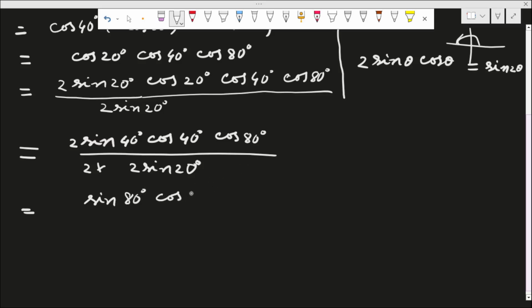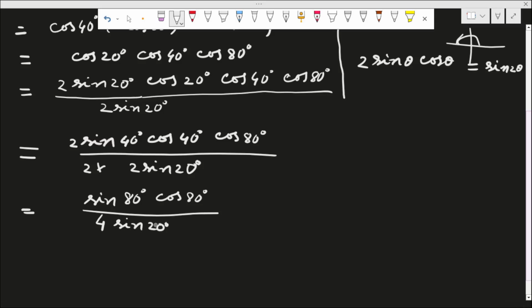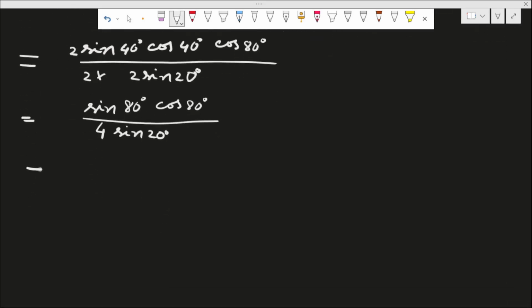Cos of 80 degree by 2 into 2, 4, sin 20 degree. Again sin 80 cos 80, writing another 2 in the numerator and another 2 in the denominator.